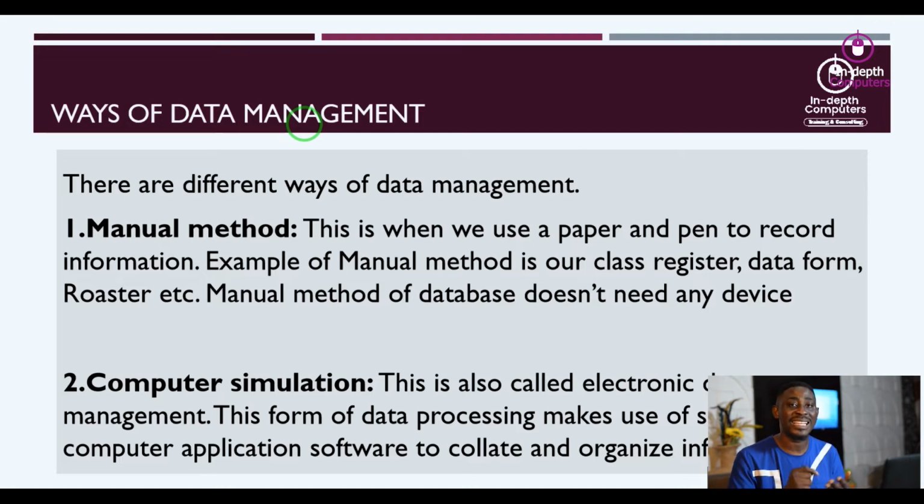This is the form of database where we use paper and pen to take record of every child's information, like their date of birth, state of origin, favorite food, favorite color, gender, name of parents, contact of parents, medical reports, results. That is your database, and every child has a file in the school of this information.